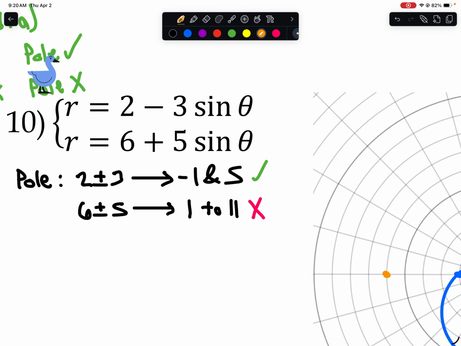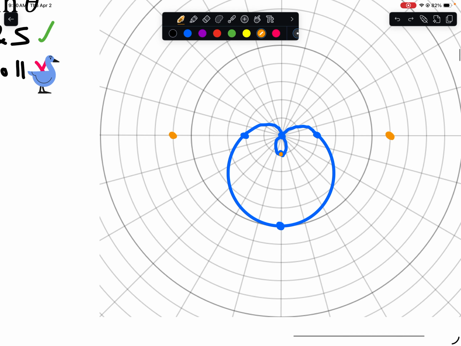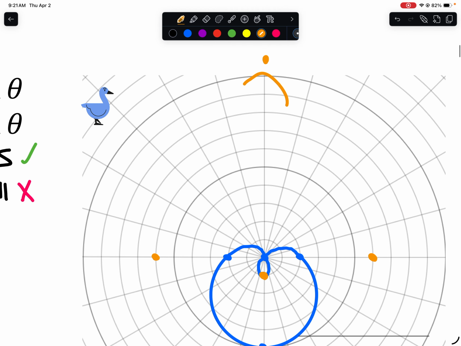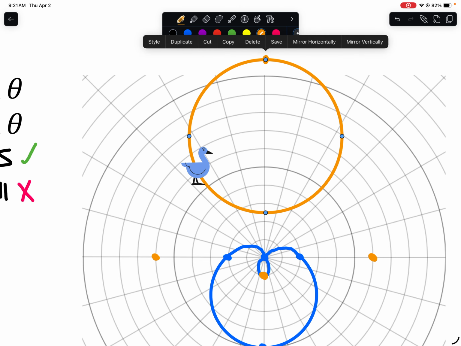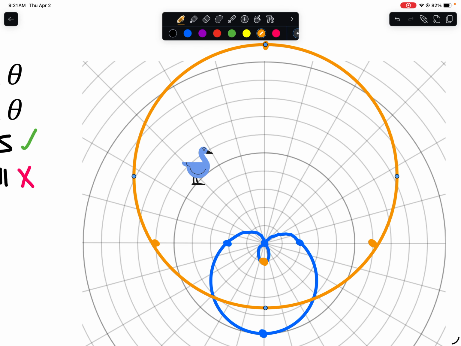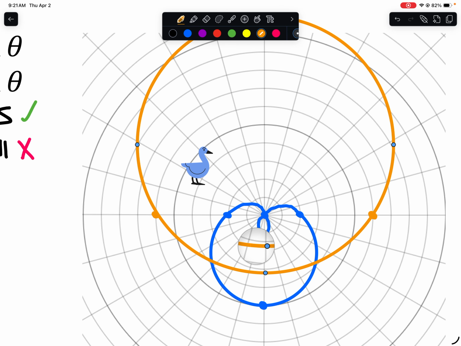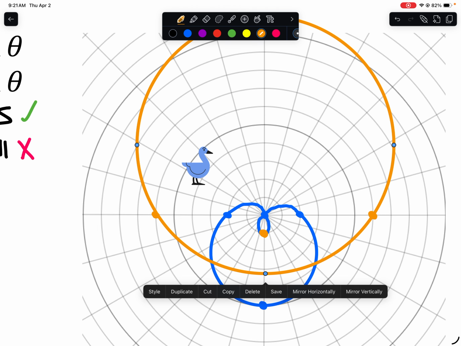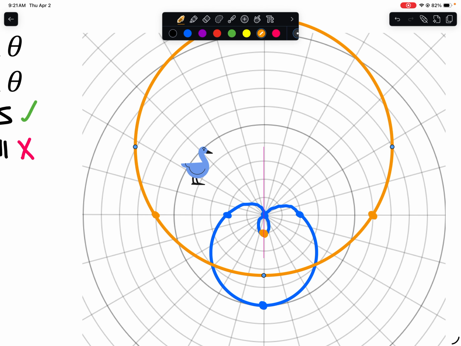And for the dimpled Limaçon, you're going to go the opposite direction that it opens, and you're going to do the a value minus the b value. So it's going to open 1 in the opposite direction. So down here, when I draw my dimpled Limaçon, it's off just a smidge, trying to line it up as much as I can. Of course, that's not going to be lining up as much as I want it to be, but that's okay.